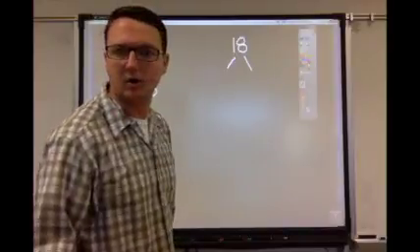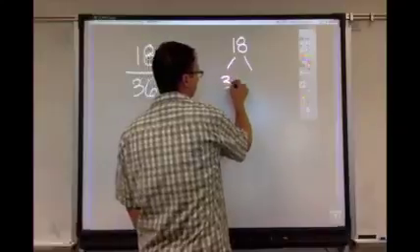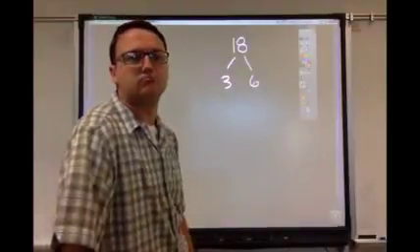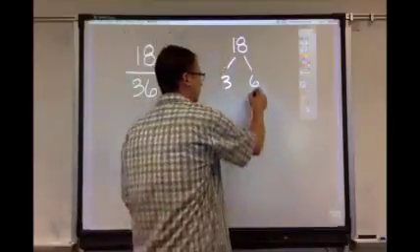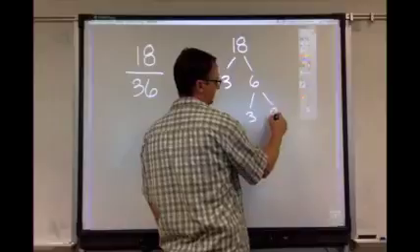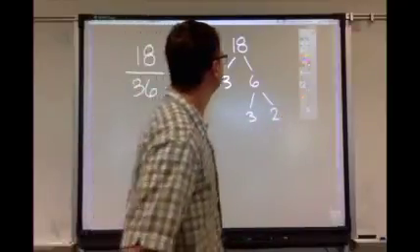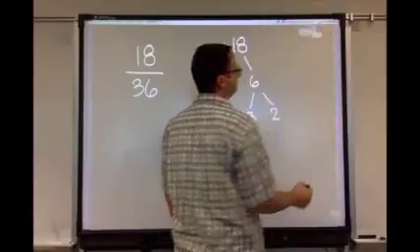Well, we know 3 and 6. But 6 is not as small as it can go. What about 6 being 3 and 2? All right. What about 36?